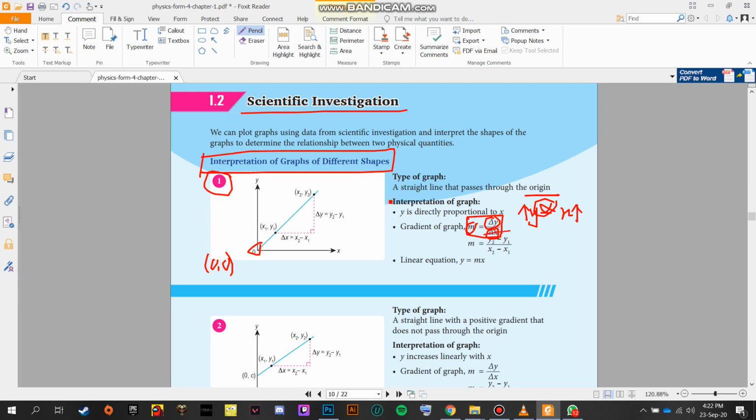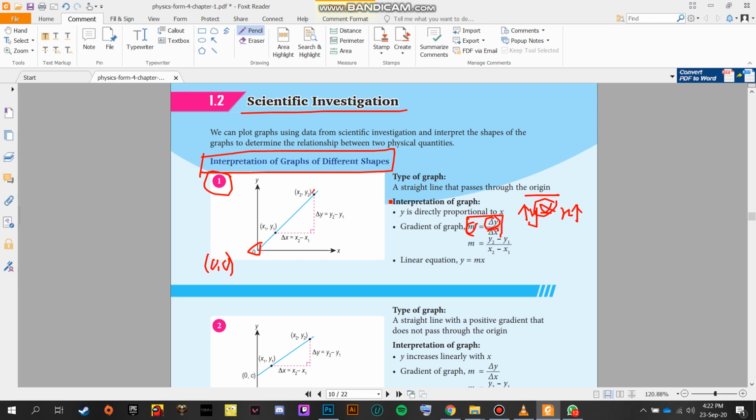Now where can we find y2 minus y1? So we just take a point from the graph itself.